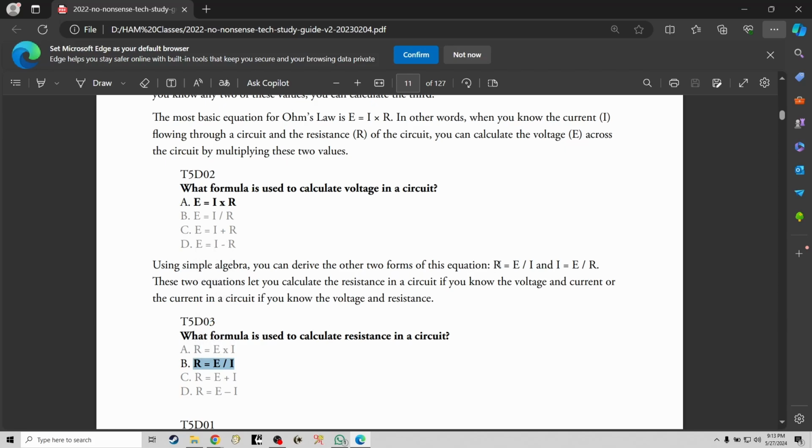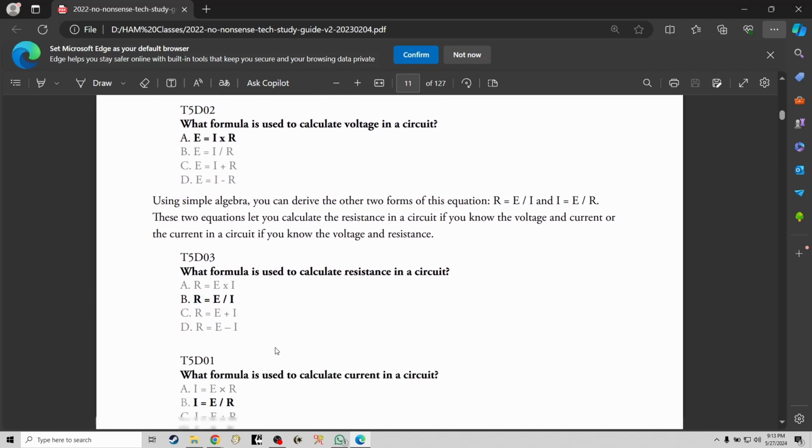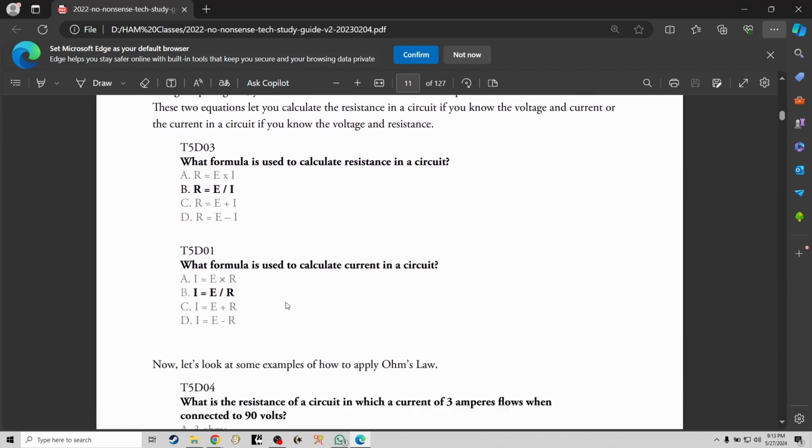If you want to know the resistance, you take E and divide it by I. If you want to know I, you take E and divide it by R. So it's just basic, simple math. Basic algebraic knowledge is always good. In here they're solving for I, so they're taking E and dividing it by R.